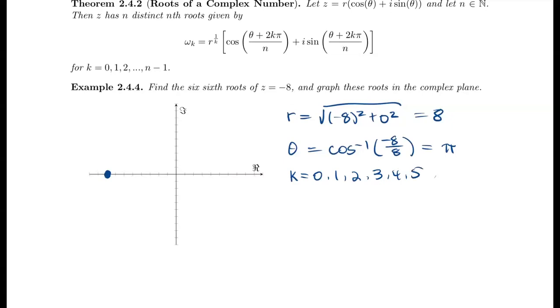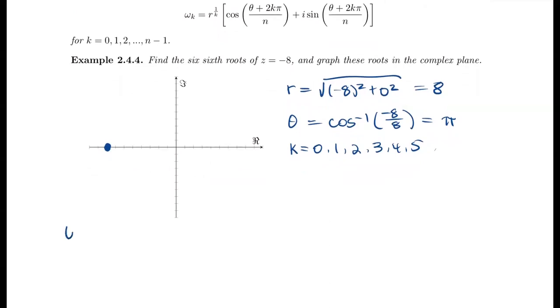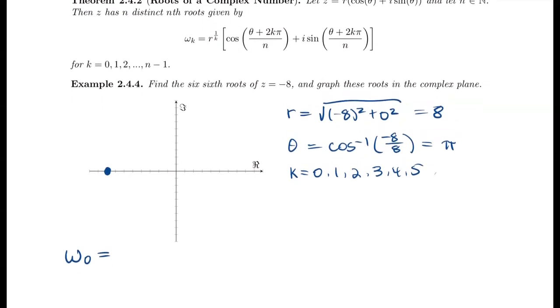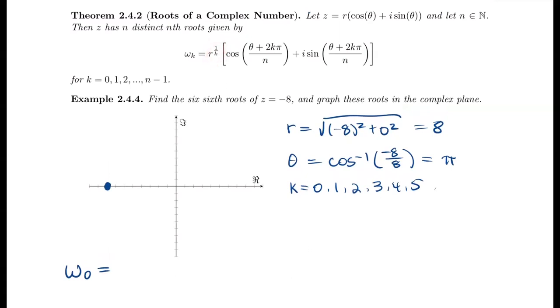So those are the roots that I want to find.